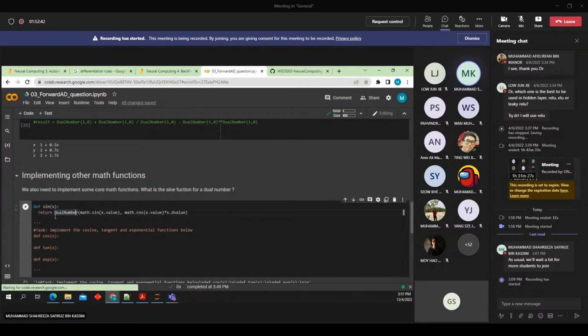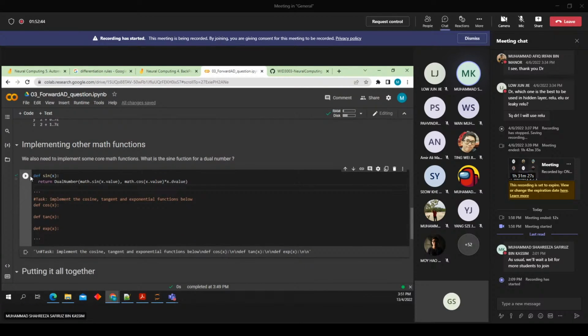So that's why I've implemented the sine of x over here. So this just returns the sine of x, and as for its derivatives, you differentiate sine of x, you'll get cosine of x times dx/dt, right? That's what it means here.